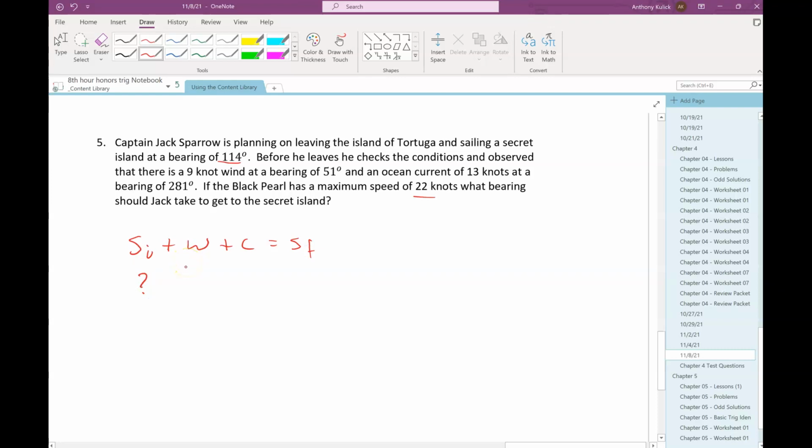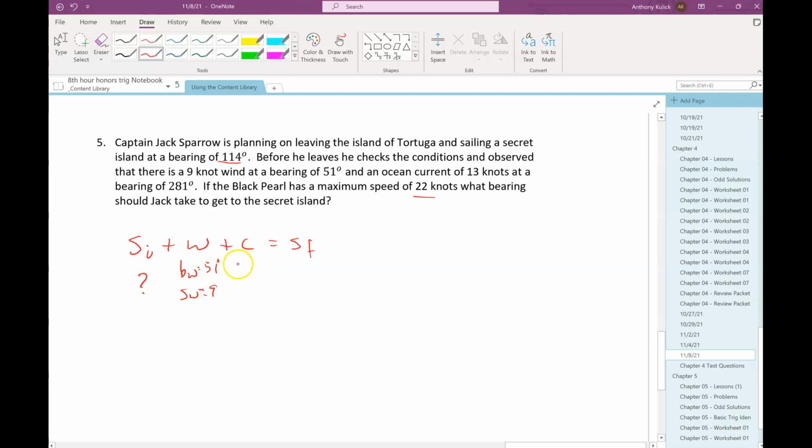The wind is, let's maybe call that a BW for bearing. It's 51 degrees, and we're going 9 knots.